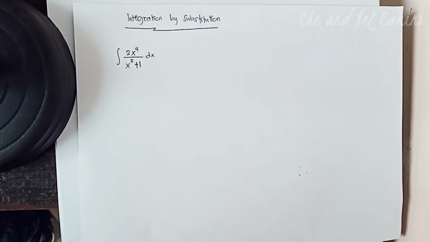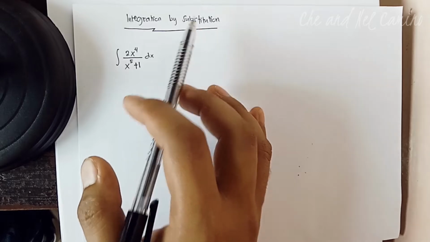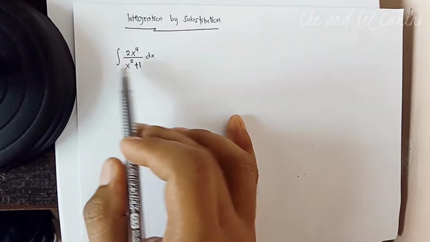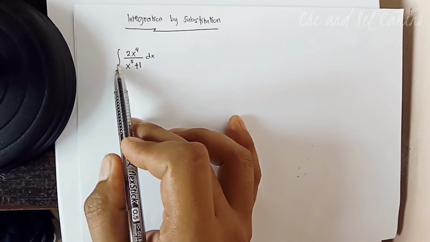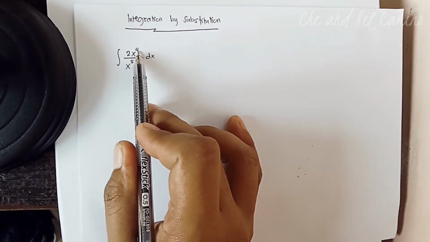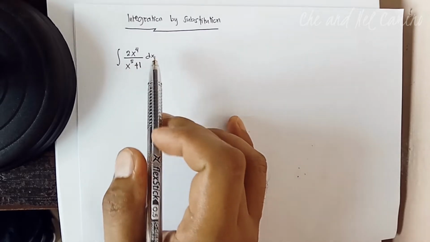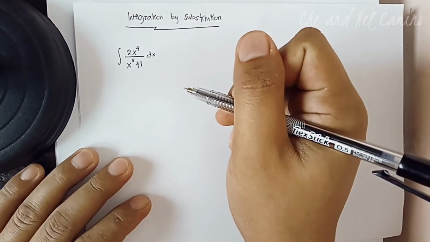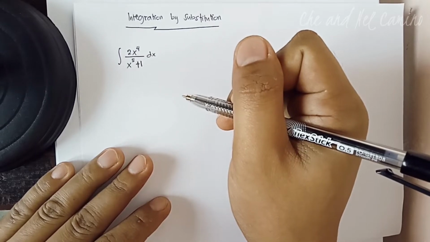Good day. In this video, we are going to discuss integration by substitution using this problem. We have the integral of 2x to the power of 4 all over x to the power of 5 plus 1 dx. We are going to assign u.